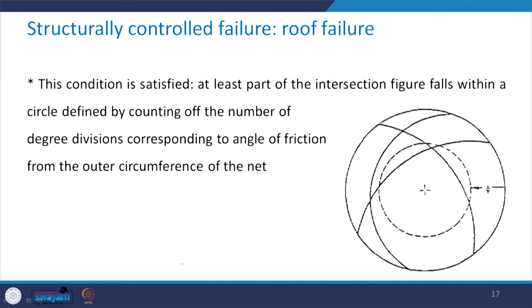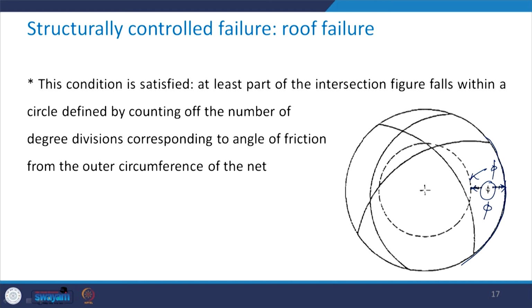Please try to understand this here. Take a look, this is the outer circumference of the reference sphere. Now, from this we count the degree divisions corresponding to whatever is the value of this phi. That means, measure this from the outer circumference. So, I can draw a circle corresponding to this value of phi.